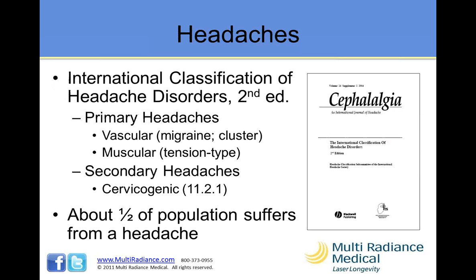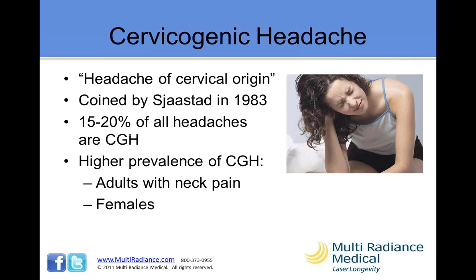So we'll start off by describing how headaches in general are classified by the International Classification of Headache Disorders. There are primarily 2 types, the vascular or muscular type, and then a secondary type of headache, which is what we're going to be talking about today, that includes the cervicogenic variety. This is an important topic because half of the population has a headache at one time.